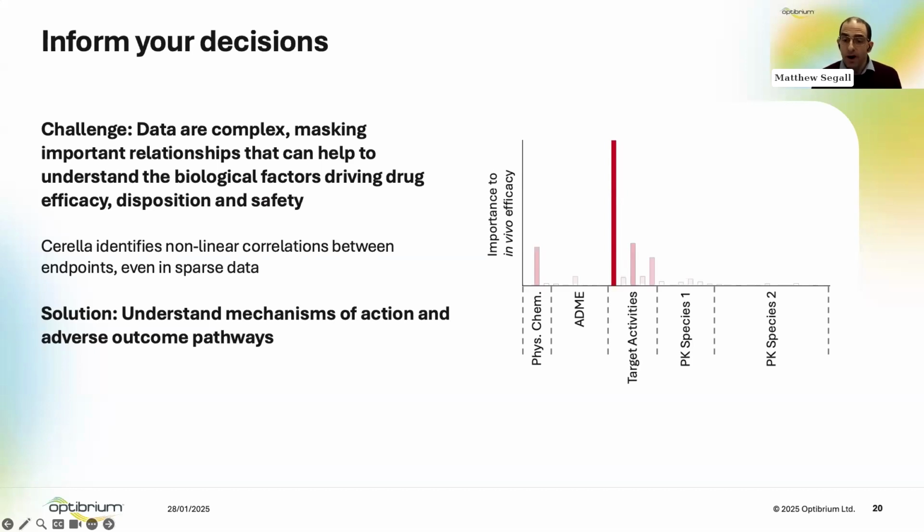And so the height of the bar, the intensity of the color relates to the strength of that relationship, that correlation that it's identified. So you can immediately see here this very tall red bar is identifying one particular target activity that is driving that in vivo efficacy. Though there are possibly a couple other targets involved as well.